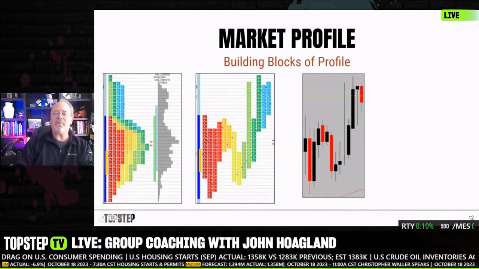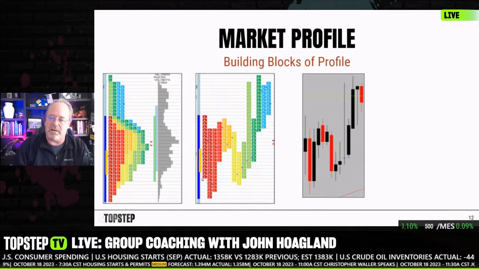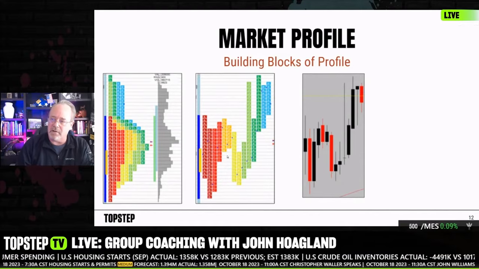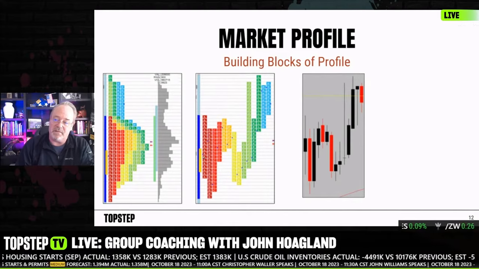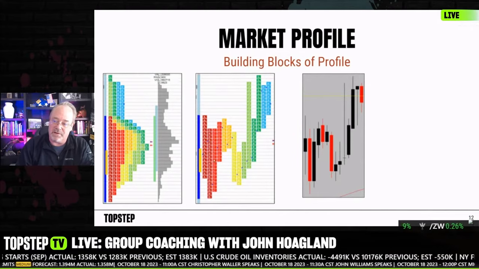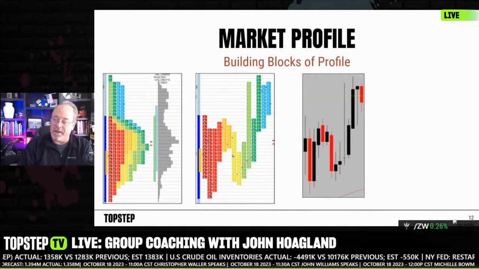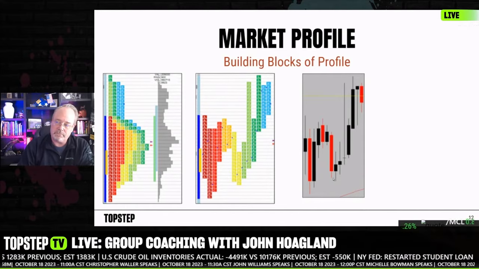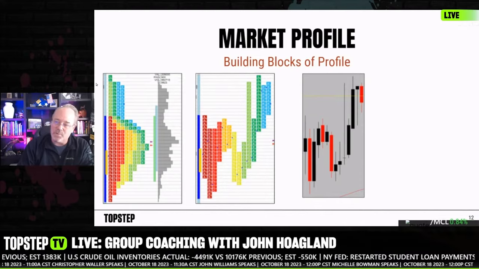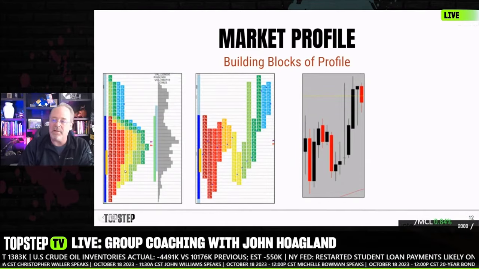So if we were to split this profile into vertical lines, this platform actually gives me the open and the close for each 30-minute bar. We're basically looking at a 30-minute chart. That's what we're looking at when we're looking at this.